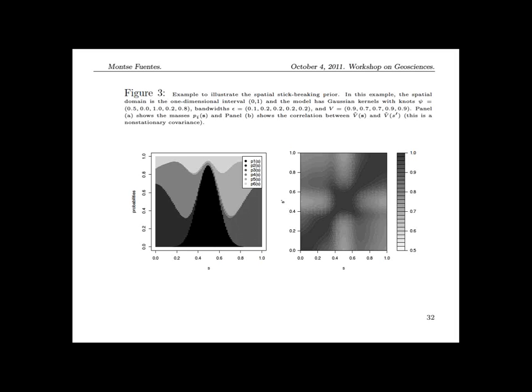And as you can tell, it's non-stationary, because if it was stationary you wouldn't have this type of ridges. The dependence would be purely a function of the distance between S and S prime, and you wouldn't get this behavior where you have more black, darker colors when you are in the area between 0.4 and 0.6.